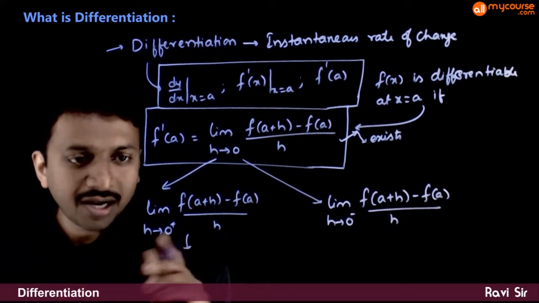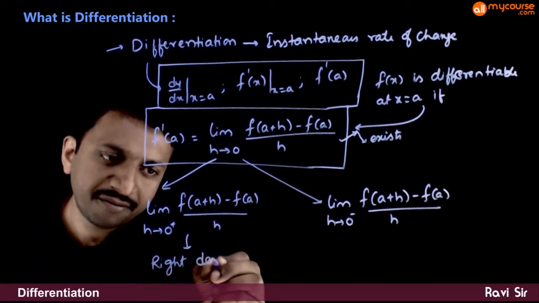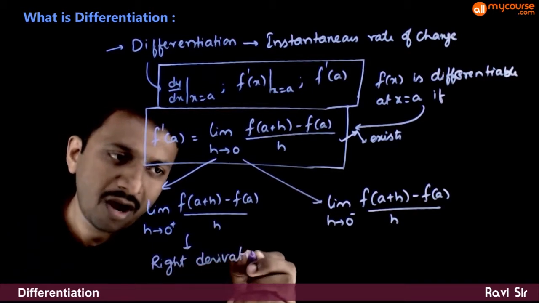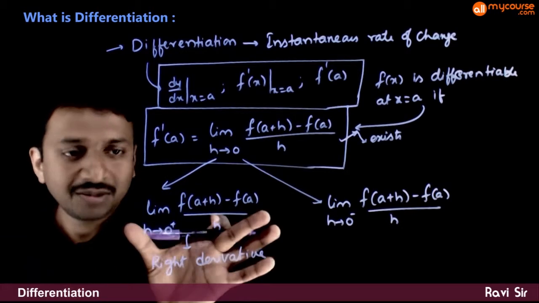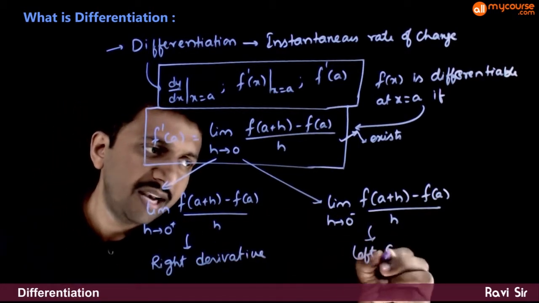So this is called the right derivative or the right differentiation. This limit is called the left derivative.